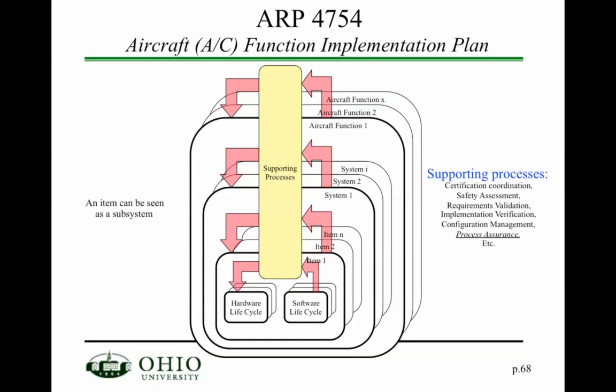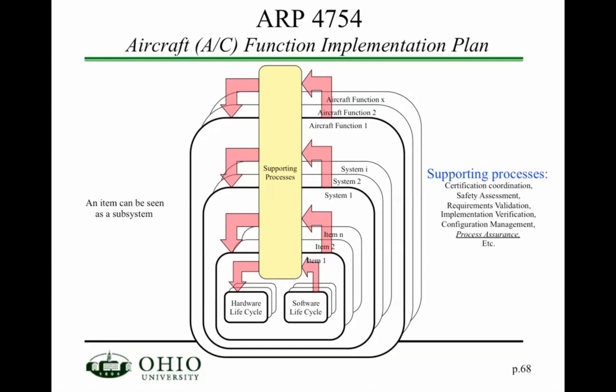Now, one thing that you saw before is that I talked about the hierarchy being system, subsystem, component. If you look at ARP4754, since it talks about aircraft, instead of system it uses aircraft function, instead of subsystem it uses system, and instead of component it uses item.